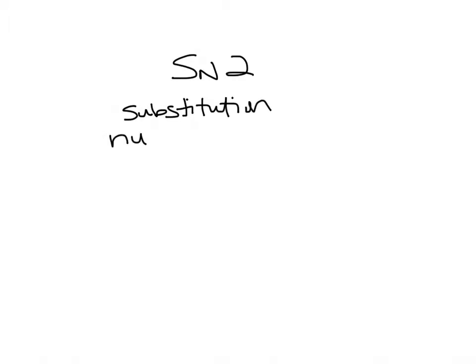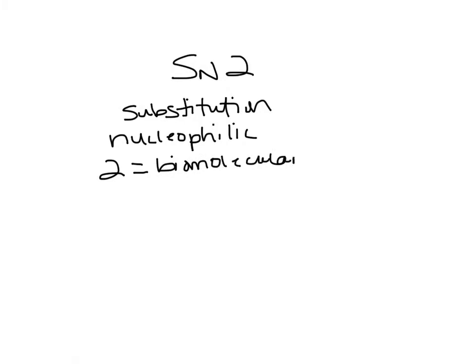Now, when we're looking at an SN2 reaction, again, this is substitution. It's nucleophilic. And the 2 means that we have a bimolecular transition state in the rate determining step.